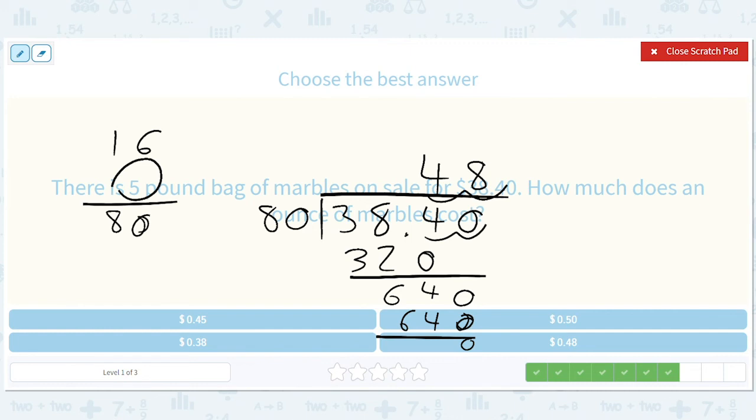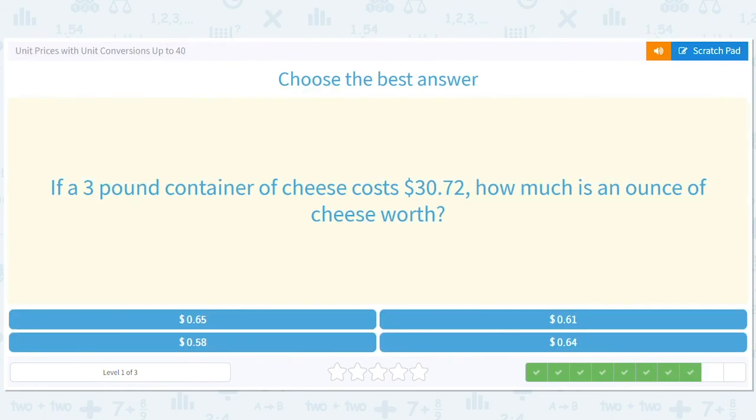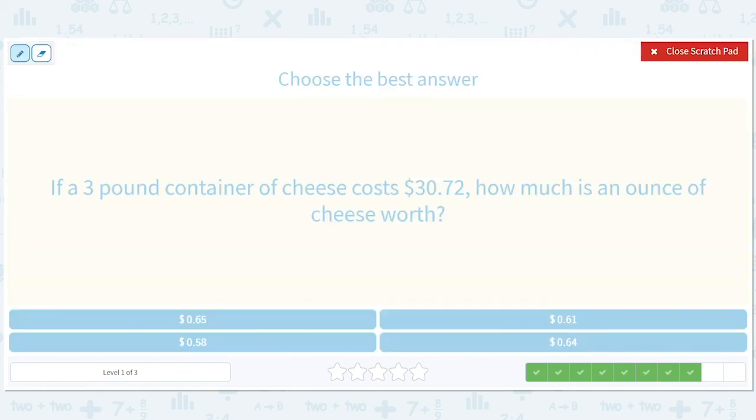It should be 48 cents. If a 3-pound container of cheese costs $30.72, how much is an ounce of cheese worth? Okay, so we'll do 3 times 16 is 48. So there are 48 ounces in all.